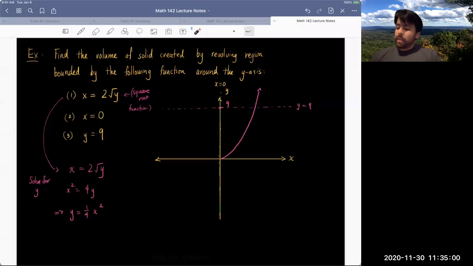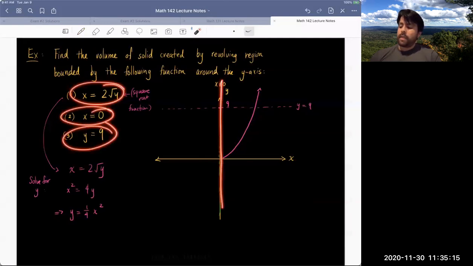But the idea is that I only want this piece. And what's the region that's bounded between this graph here, this line here, and this line here? Well, you have this line, you have this line, you have this graph here.